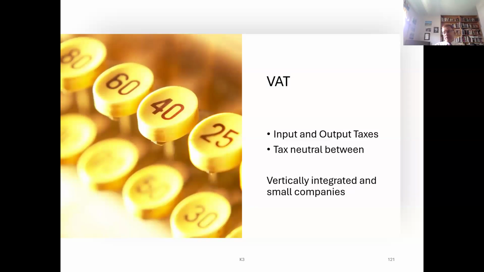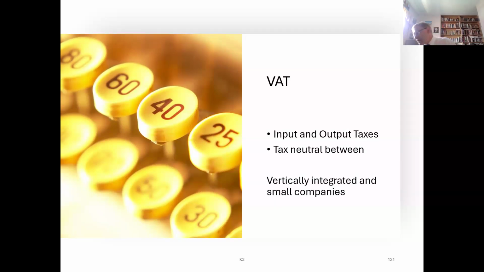The difference between the two, let's say I have output taxes of 20,000 in a quarter and input taxes of, say, 5,000, then I have to pay £15,000 to HMRC each quarter. The idea is that it is tax neutral between vertical companies. What do I mean by that?